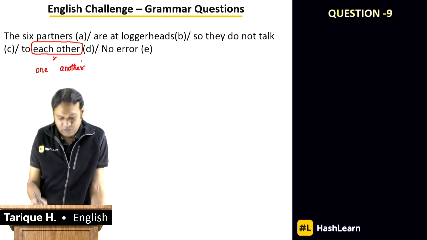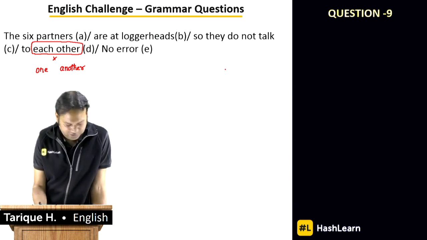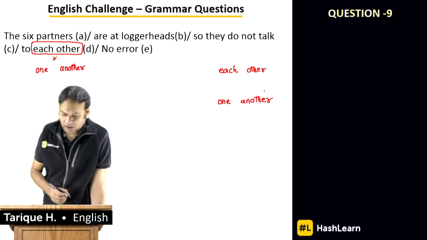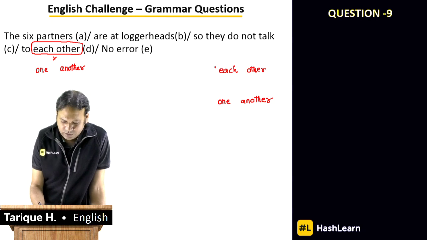Please understand, you have these 2 phrases: one is each other and one is one another. When do we use each other and when do we use one another? Each other is used when we're talking about 2 persons.